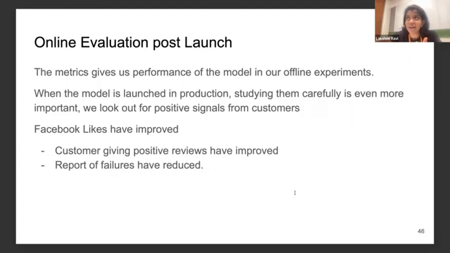For example, if I launch a new model in Amazon search and users stop searching after that, does it mean that my model is performing better, or does it mean that my model is so poor that the users stop searching because of that? So these are the things we will constantly take into account after the launch, and try to associate with our existing offline metrics, seeing whether it goes in line with anything, and what we can improve in our next release.